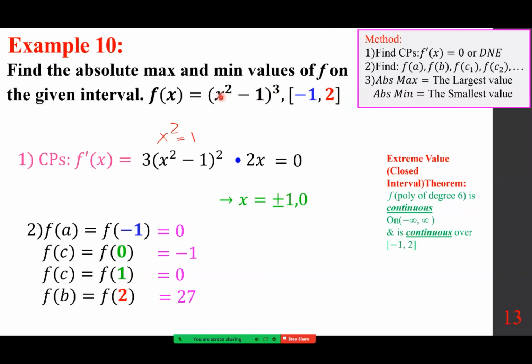If I plug in 0, this goes away, negative 1 cubed, which is negative 1. If I plug in 2, 2 squared, 4 minus 1, 3 cubed, 27. Largest number is 27. So absolute max is equal to 27 at this pair. The smallest number, negative 1. Absolute min is negative 1 at this pair. So this is how you write it.